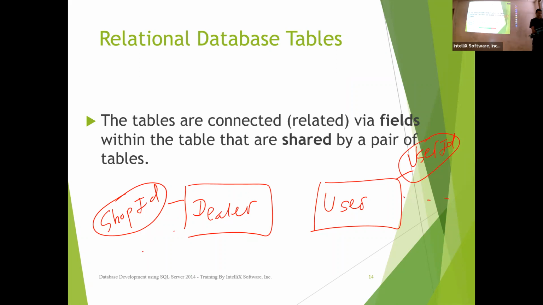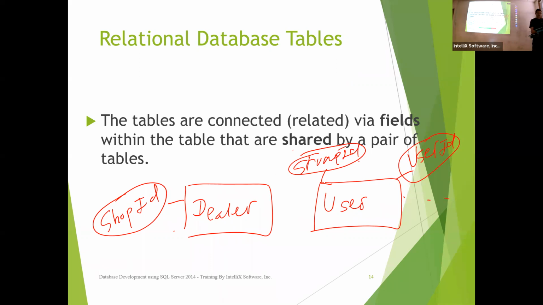Now, the definition said, tables are connected via fields within the table that are shared by a pair of tables. So if I want to say this user belongs to this particular dealer, German dealer, then the design practice is you carry the shop ID to the user table and store it along with the user record.